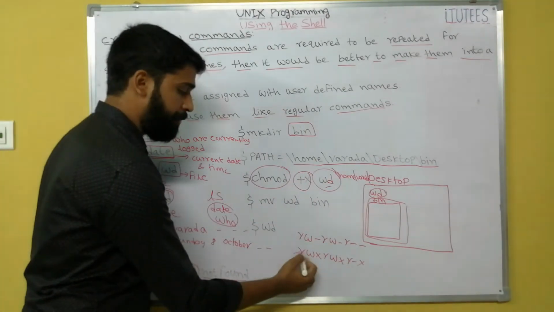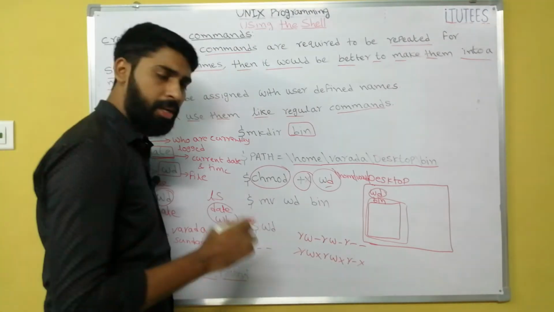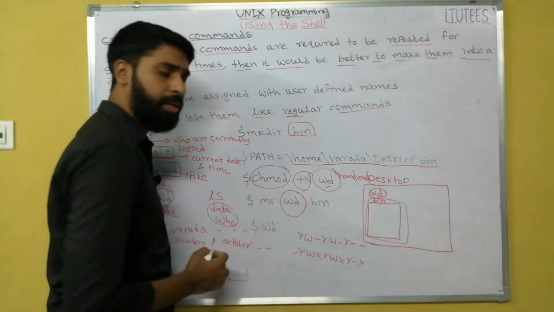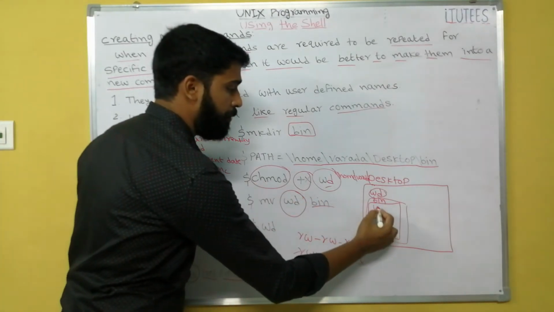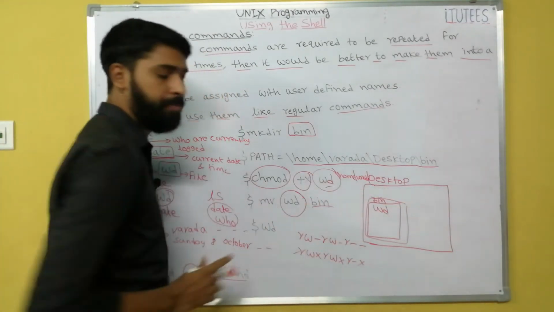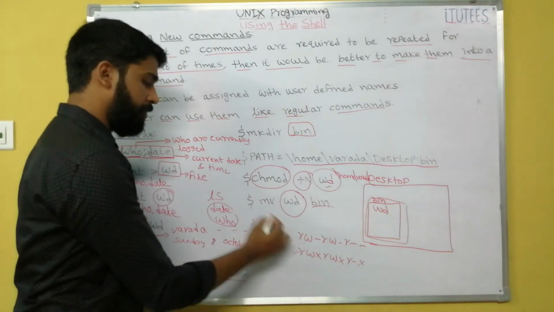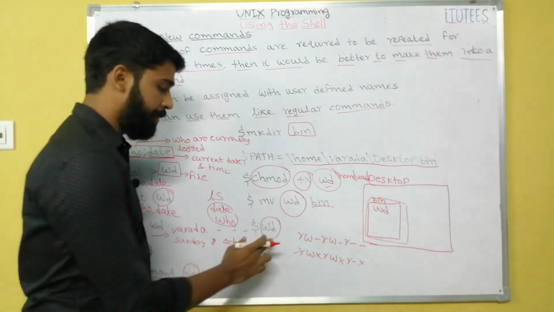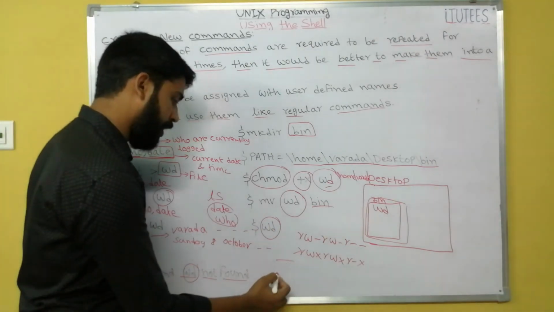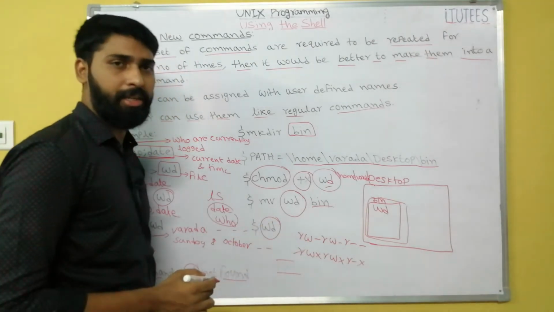Now the permissions are changed like this. After that I move wd to bin. Now wd is moved into bin. So now I can give wd as a normal command, and it prints who is logged in and what the date is.